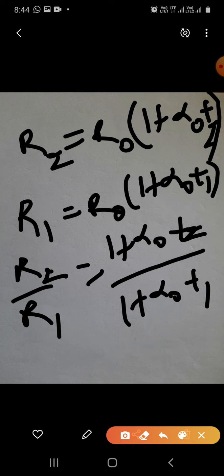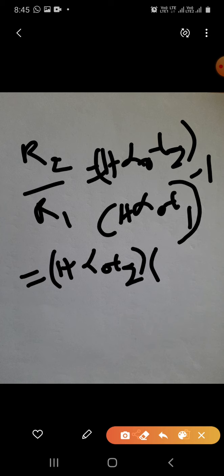This is the expression which can be simplified. I can write R2 divided by R1 equal to 1 plus alpha 0 T2 whole into 1 plus alpha 0 T1 to the power minus 1. Clear?